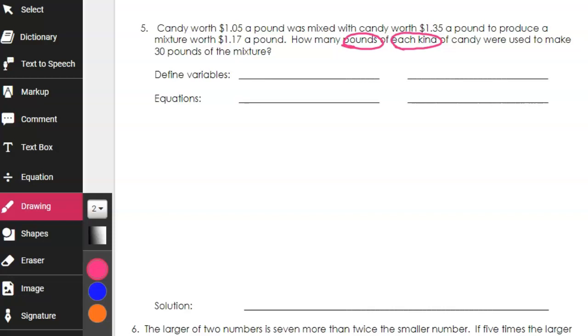So in my solution, I need to talk about the candy that's worth $1.05 a pound and the candy that's worth $1.35 a pound.